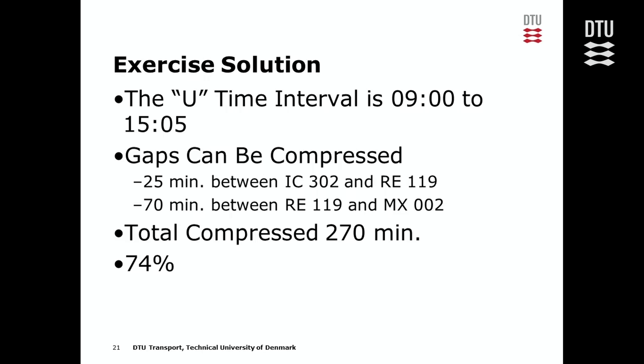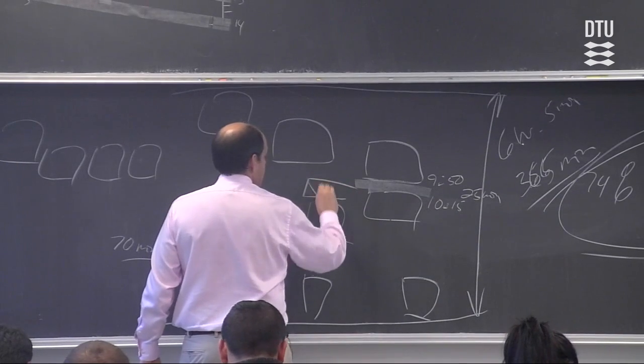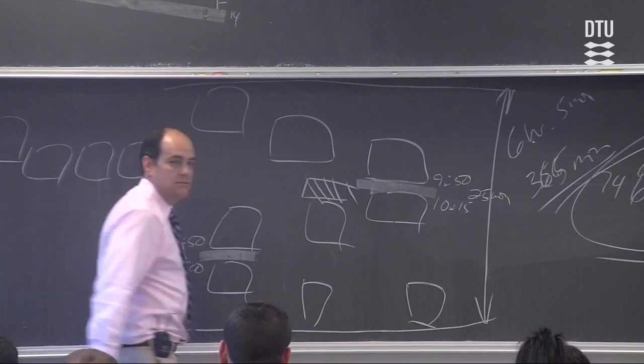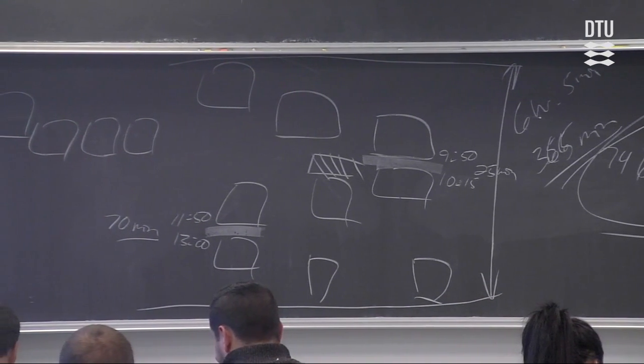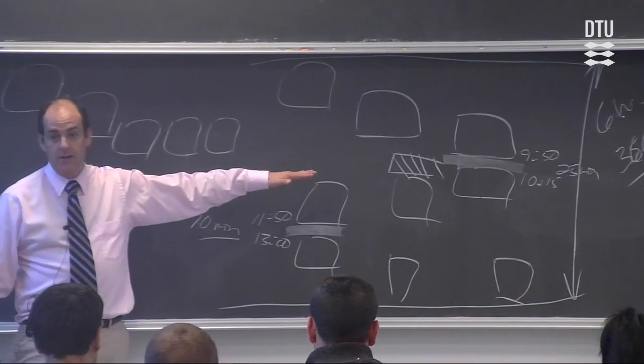Other oddball things that might come up, kind of crazy oddball stuff. Track maintenance. What if, just making this up, this block was out of service because of track maintenance? Well, you would not be able to slide this train up.